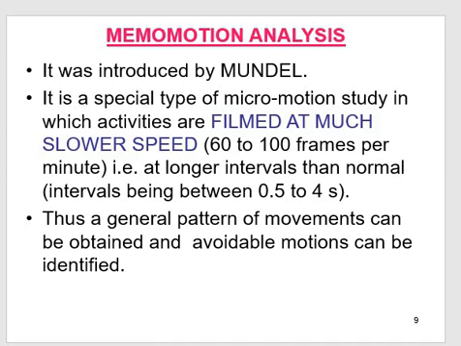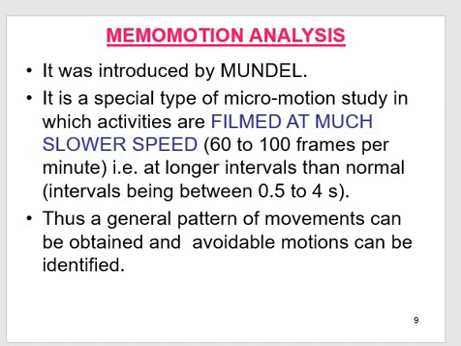Memomotion is a special type of micromotion study, so it's under micromotion study, in which activities are filmed at a much slower speed. Okay, you will just lower the speed to 60 to 100 frames per minute. So it is very slow, okay, at longer intervals than normal, between 0.5 to 4 seconds.